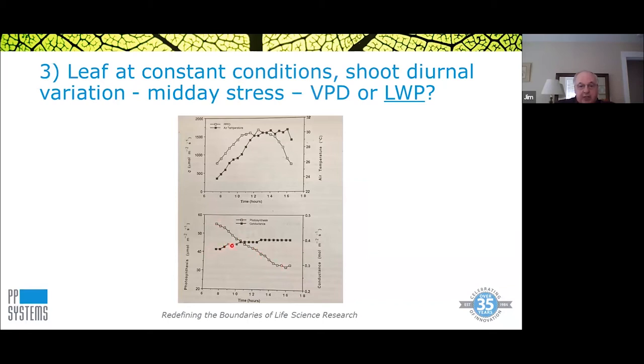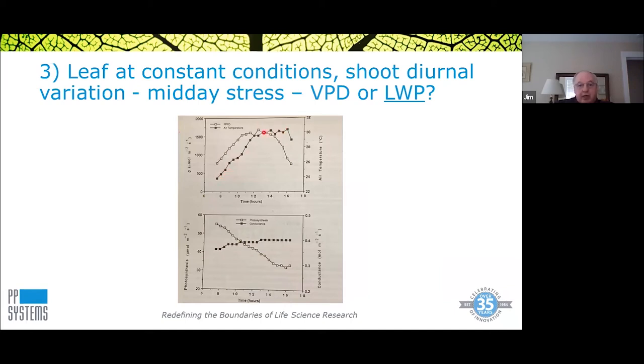Stomatal conductance is not decreasing. Stomata are not closing. There's actually just a small little bit of an increase in stomatal conductance. And in the top figure, you can see light is doing the normal sine wave, and leaf temperature is fairly moderate, going from about 24 up to about 30.